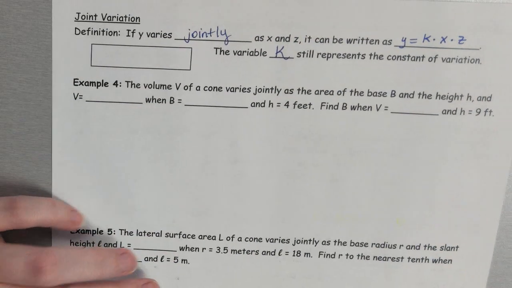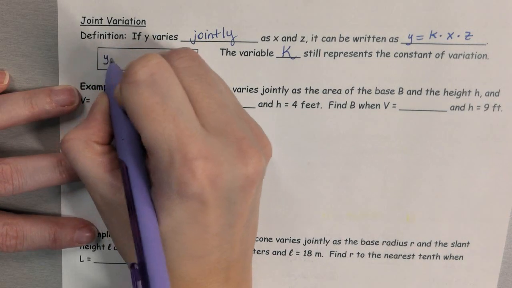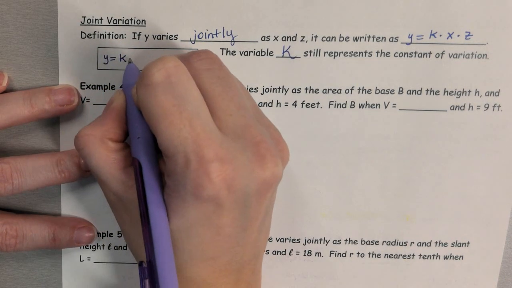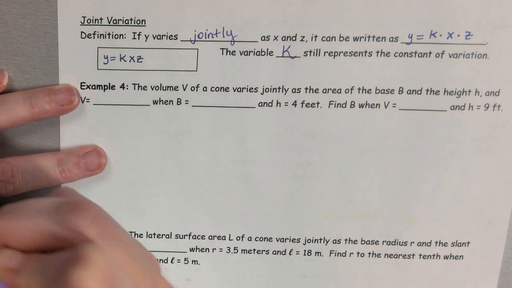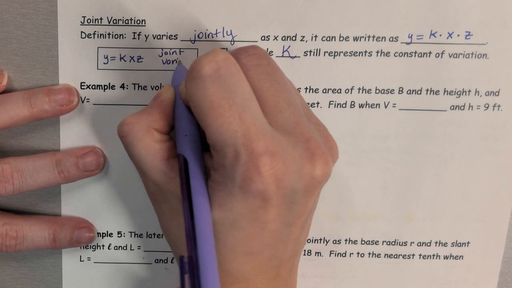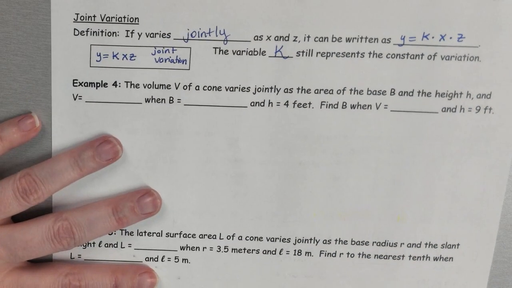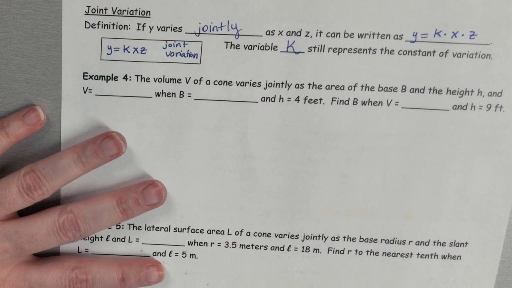And then the variable k still represents that constant of variation. So when you see this all together, it'll just be k x z. Okay, and this is joint variation. So these boxes will be helpful when you're doing your practice problems.